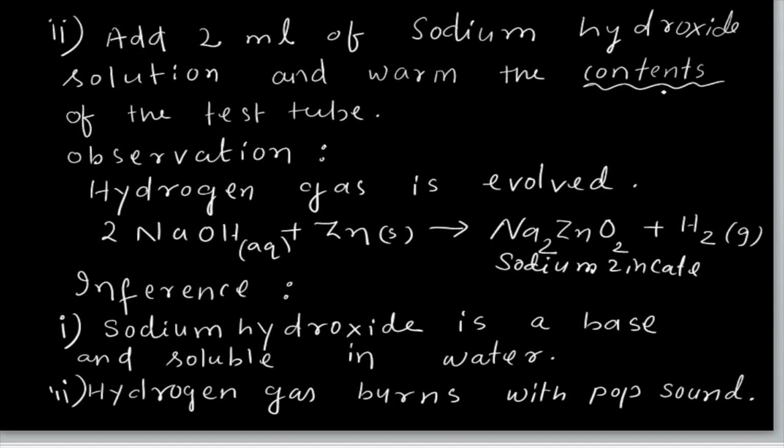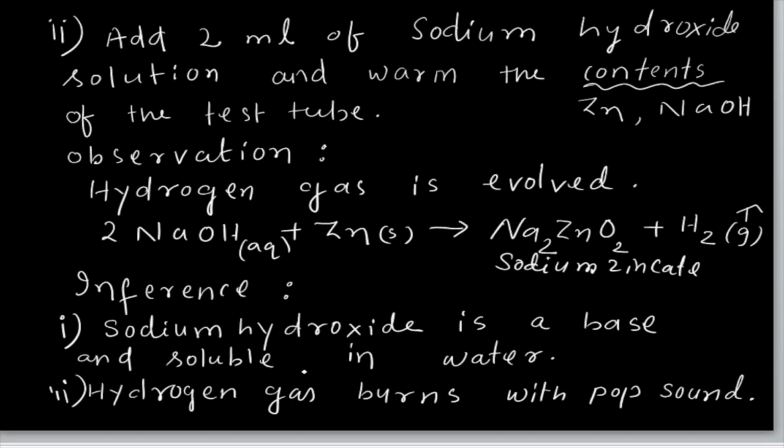Contents mean zinc and NaOH. Observation: hydrogen gas evolved, and the main byproduct is sodium zincate. Hydrogen is a gas, so it will go up, and NaOH (aq) with Zn (s) gives sodium zincate, that is soluble in water, and hydrogen gas.